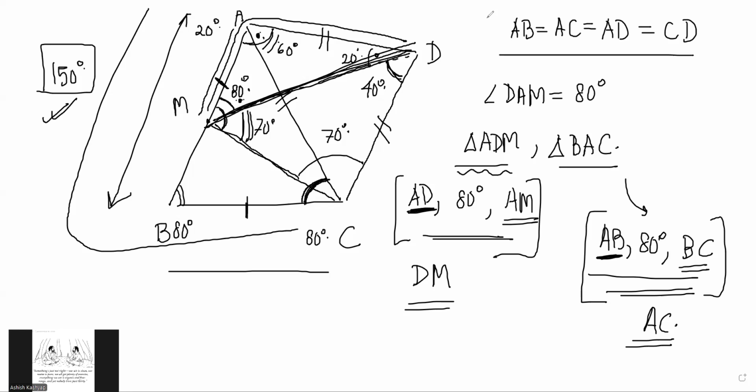So this question is a little tricky and it requires us to imagine an equilateral triangle outside. Basically, you're repeating this side in an equilateral way, right? So after that, still it is not obvious that the triangles ADM and BAC are congruent.